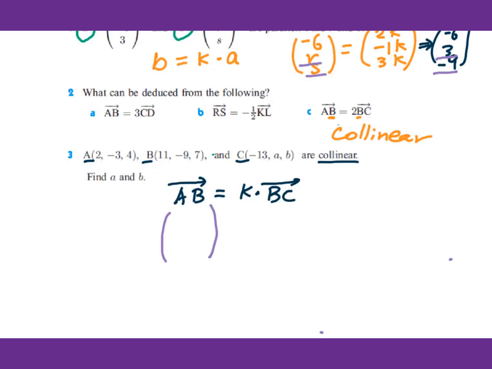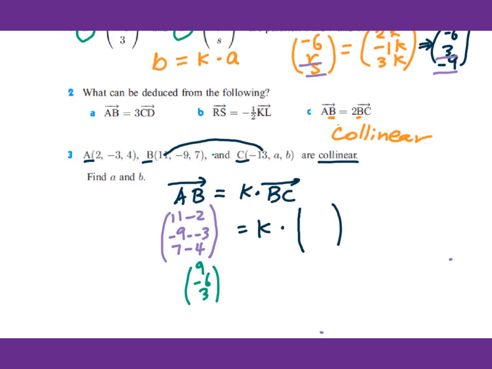So we have 11 minus 2, negative 9 minus negative 3, and 7 minus 4. So we get 9, negative 6, and 3. Then equals K times BC. C minus B. 13 minus 11, that will be negative 24.